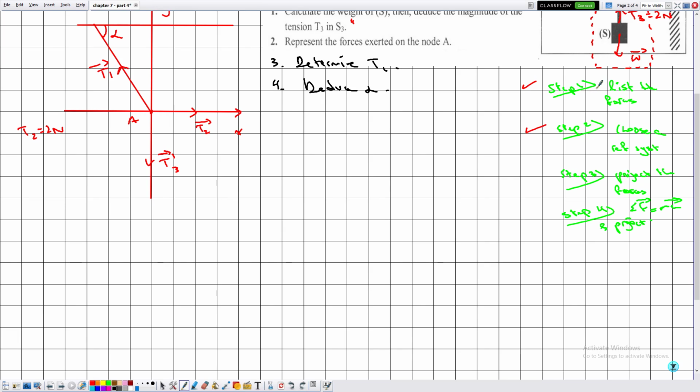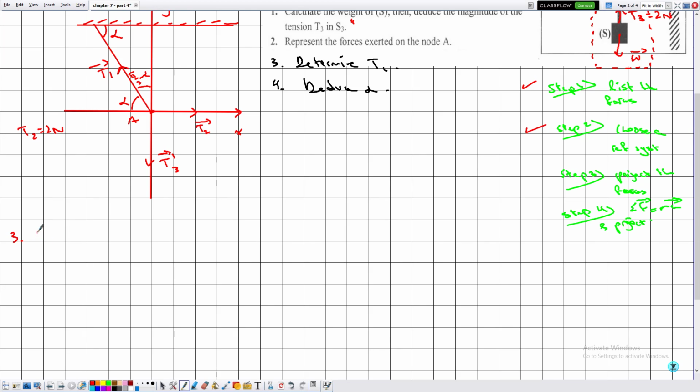We are done with step number 1, which is listing the forces, and we are done with choosing a reference system. We are in part 3. Let's proceed to the next step, which is projecting the forces. So if this angle is alpha, so this is pi by 2 minus alpha, and this is alpha.